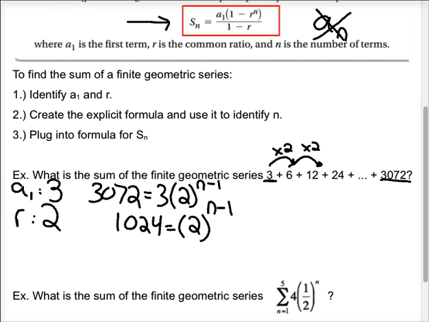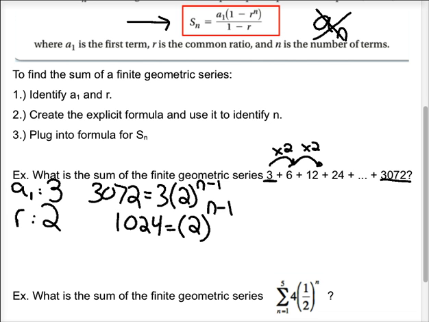Now, here's where it gets a little bit tricky. All right, so we need to figure out what power of 2 that 1024 represents. So 2 to the 6th. Let's try that. Well, 2 to the 6th is only 64. So that's not what we're talking about. Let's try 2 to the 7.